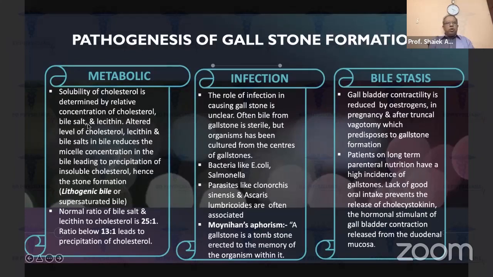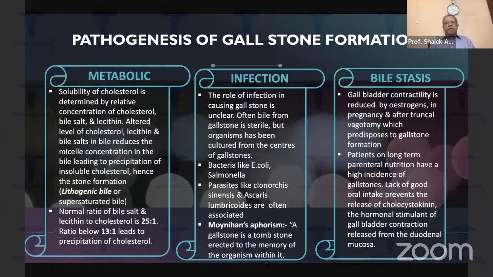Altered levels of cholesterol, lecithin, and bile salts in bile reduce the micellar concentrations in the bile, leading to precipitation of insoluble cholesterol, hence stone formation, which is called lithogenic bile or supersaturated bile. The normal ratio of bile salt and lecithin to cholesterol is 25:1. Whenever the ratio is 13:1, it leads to precipitation and cholesterol stone formation.